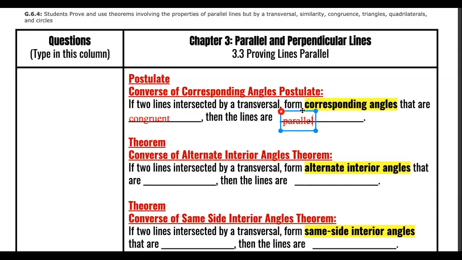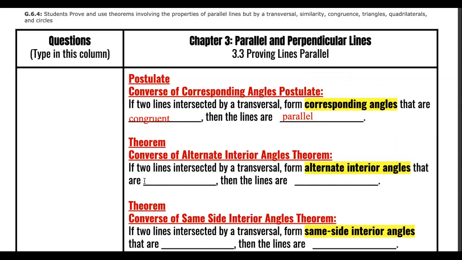Remember back in chapter 2 when we talked about conditional statements and the converse of conditional statements, we're just flipping it around, okay? We learned in the previous lesson, if the lines are parallel, then corresponding angles are congruent. The only thing we're saying now is if the corresponding angles are congruent, then we know the lines are parallel. And that's going to be a postulate, okay?